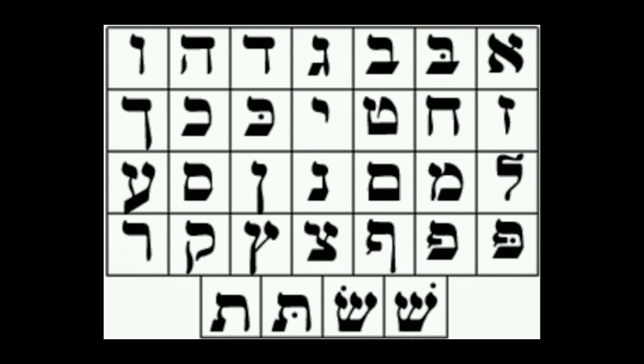When the Shva is silent, you only make the sound of the letter and you separate the word into syllables. So again, that word is chas decha.